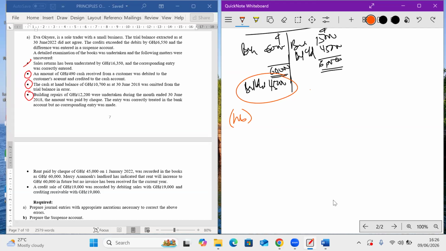Credit sale, or sale, or sales. And what else do you have? Receivable.